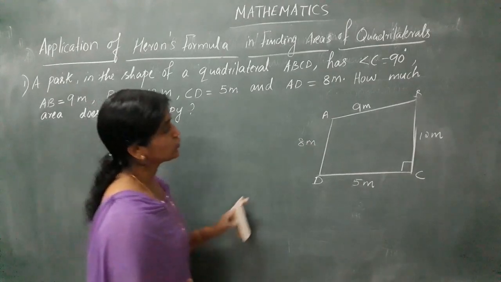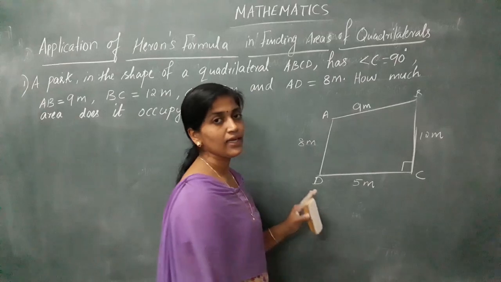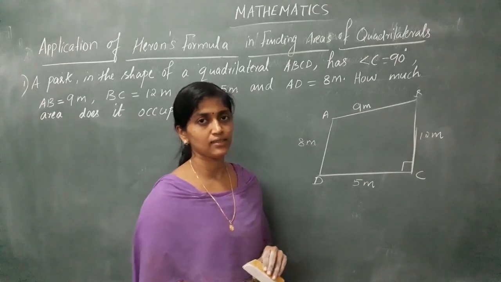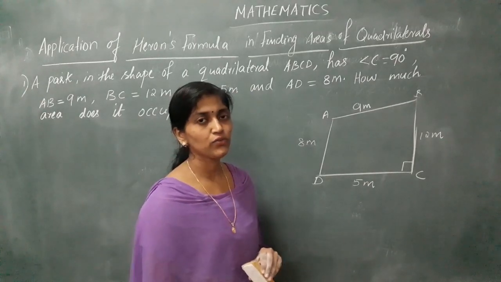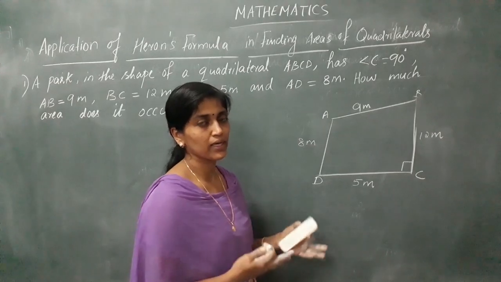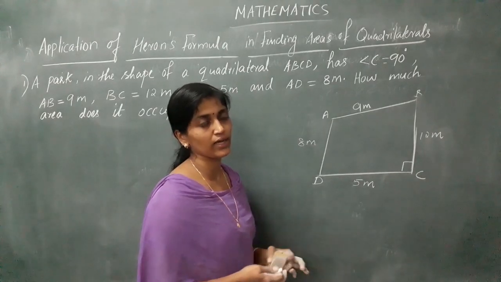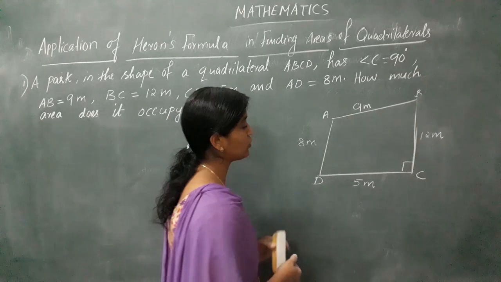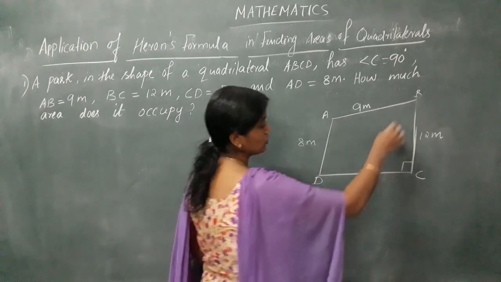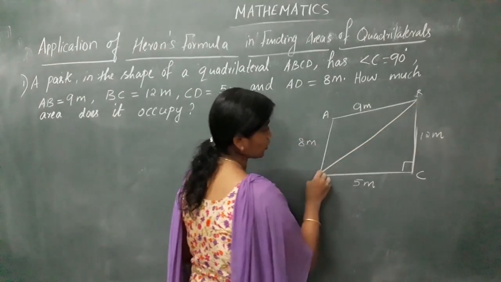I told you that to find the area of this quadrilateral, you can divide it into two triangles, isn't it? Clear? So for my convenience, to make it easy to find the area of this triangle and to reduce the time, I am going to join this BD. Why do I join so?